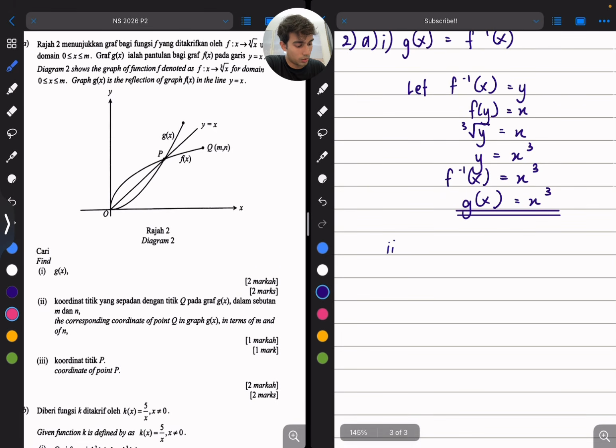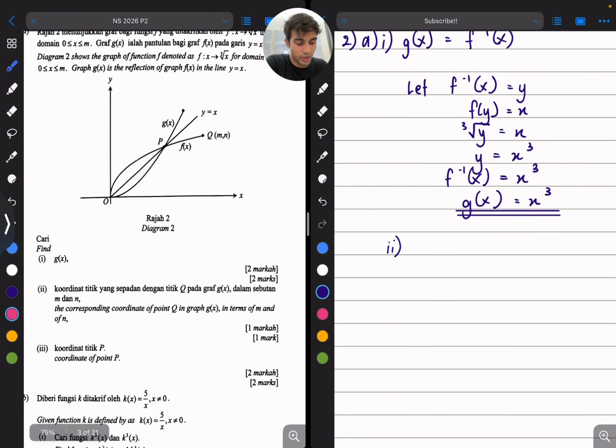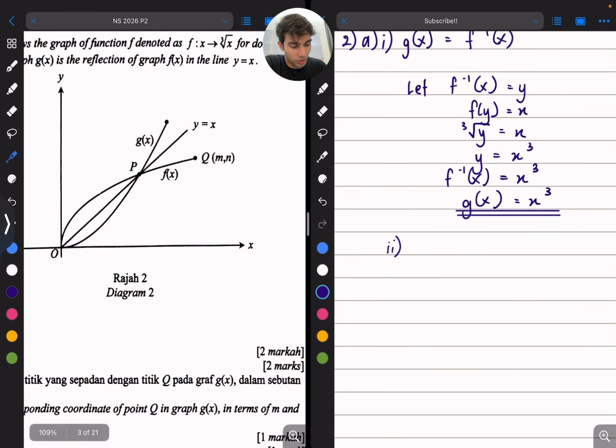Okay, then number 2. The corresponding coordinate of point Q in the graph g(x) in terms of m and n. Alright, so if Q is reflected along this line, Q will be here. I mean Q prime, Q prime will be here. Here they are reflecting on the axis y equals x, right? So your x and y will swap position because they said y equals x.